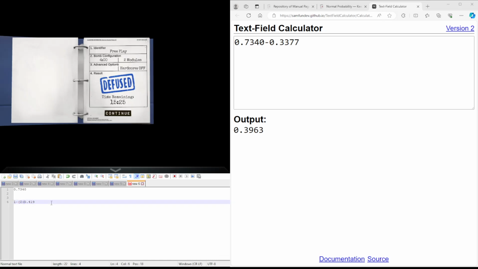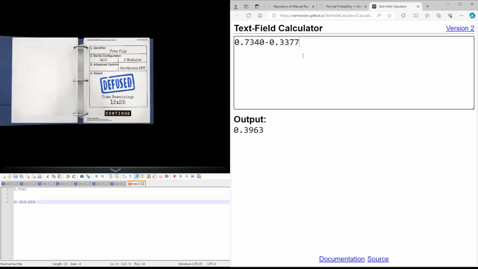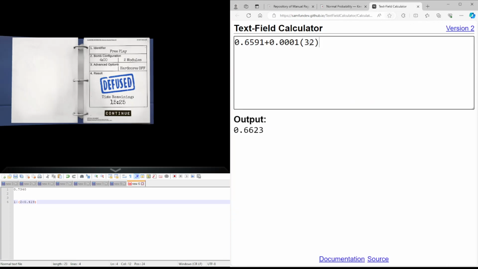So we subtract it from 1, we flip the sign around. So this is what we get. Calculating this, we get these values, which we put in here, which gave us the 3377 that we used later on.